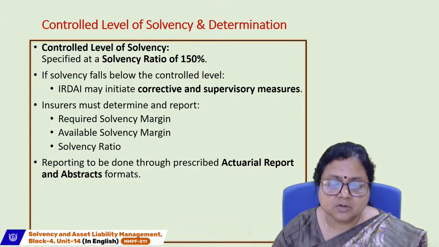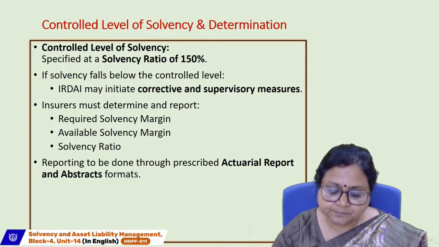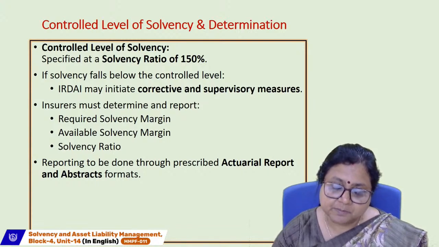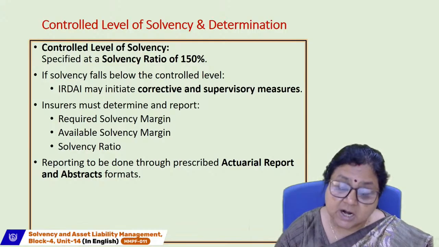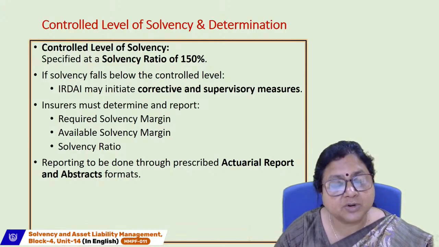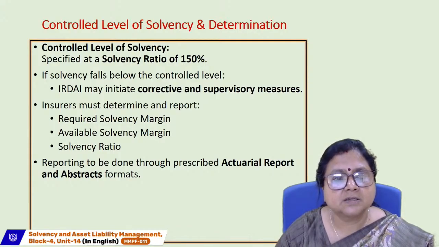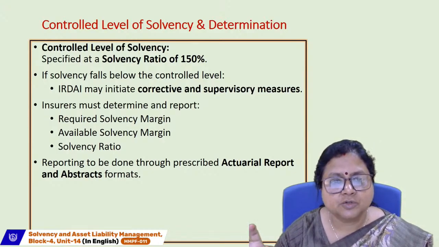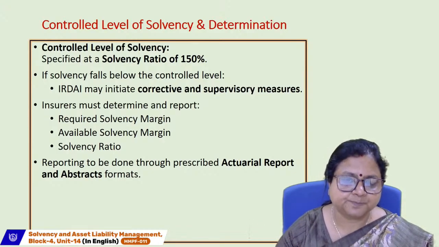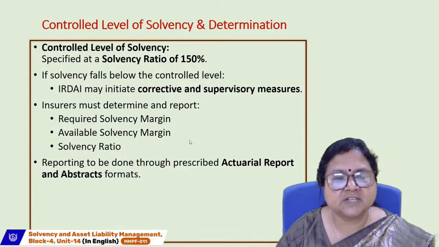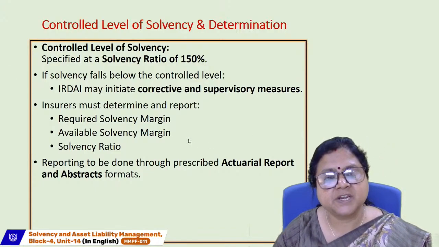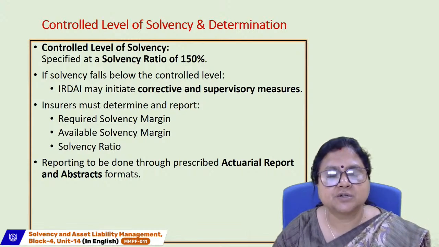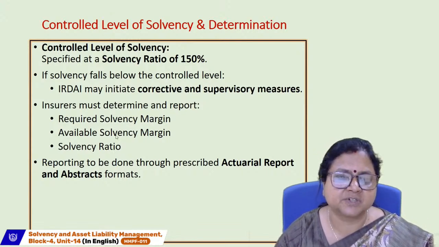If it is below 150 crores but above 100 crores, let us assume 130 crores, then the solvency falls below the control level. In that case, IRDAI has to initiate corrective action and supervisory measures so that the company can come up to the required solvency ratio of 150%.